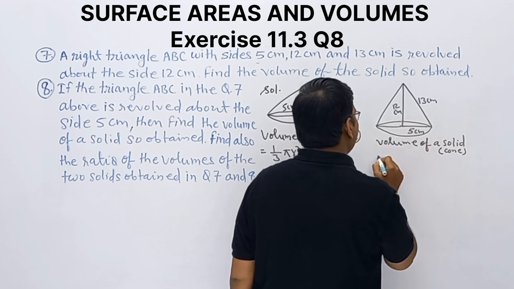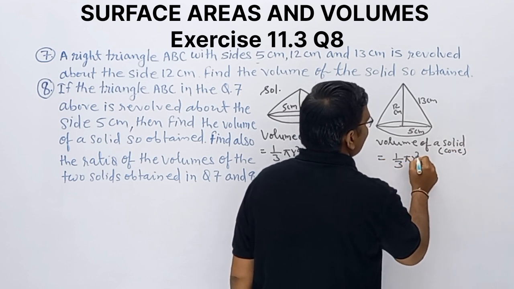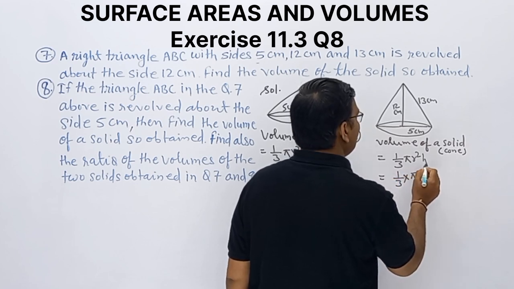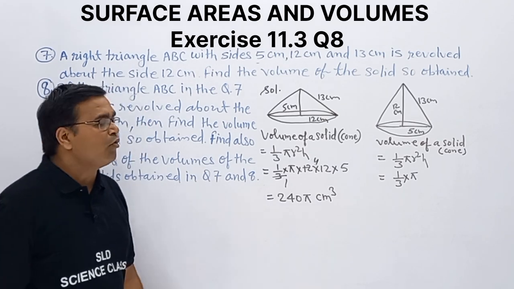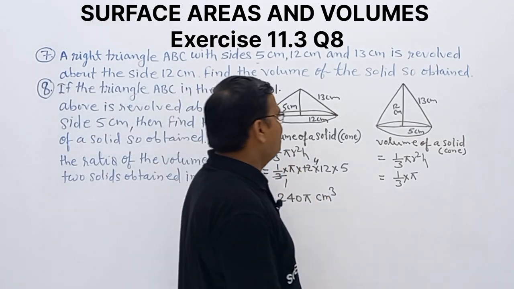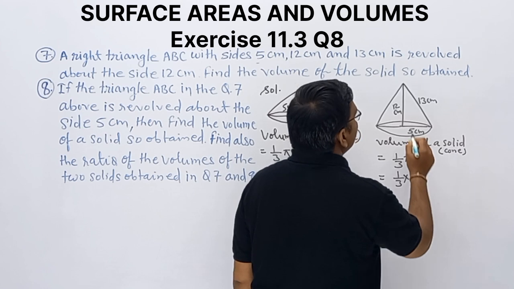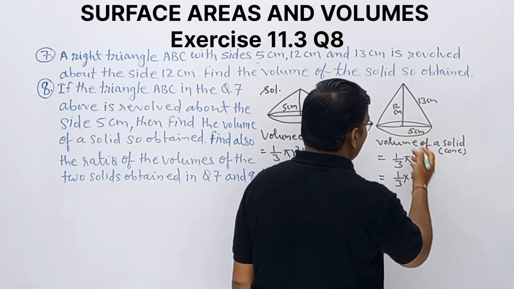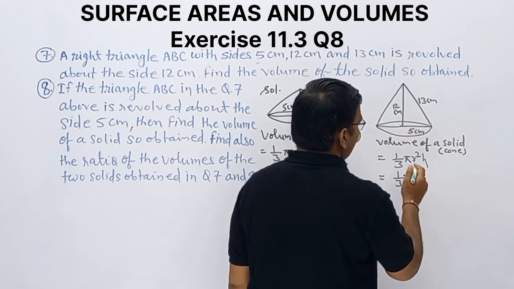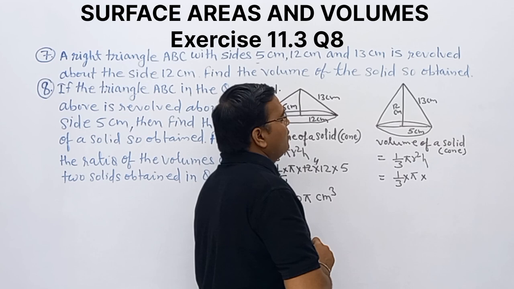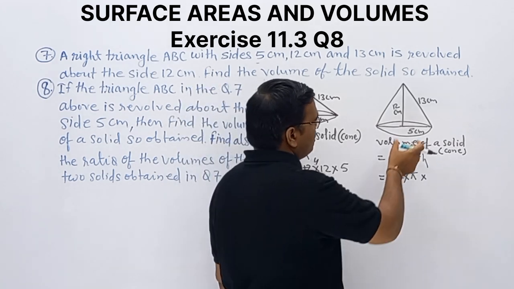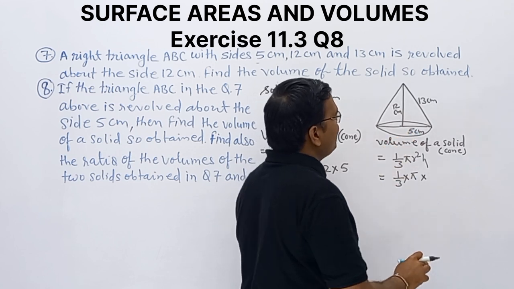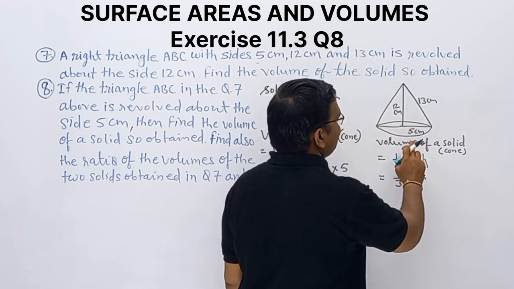The volume of a cone is 1/3 pi r square h. Solve this one, 1/3 into pi. We want the ratio of both, so we keep pi as it is. Clear? R is the radius of the base, which is a circle, so the radius of the cone is 5.